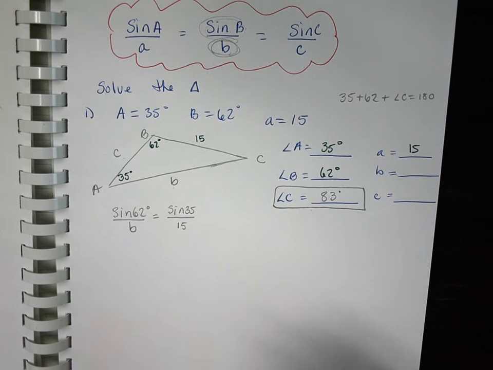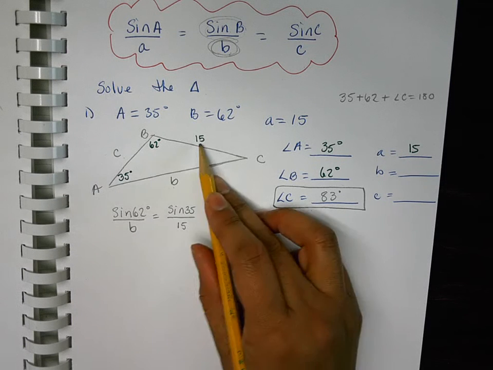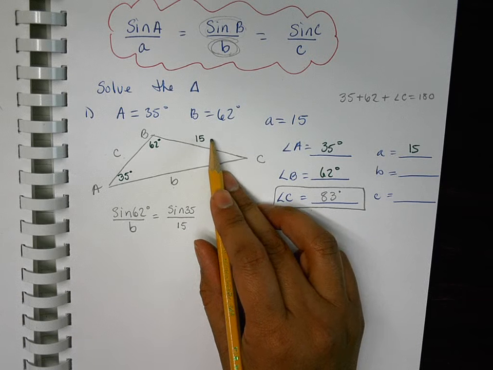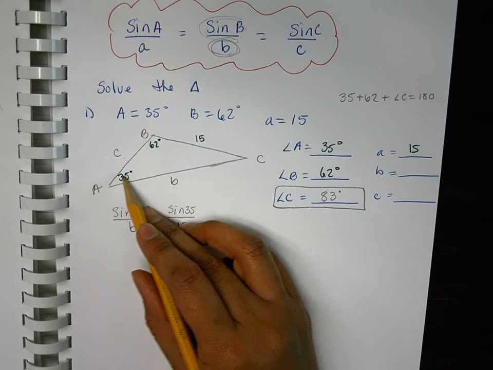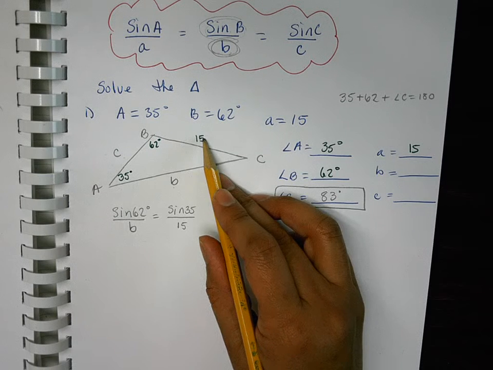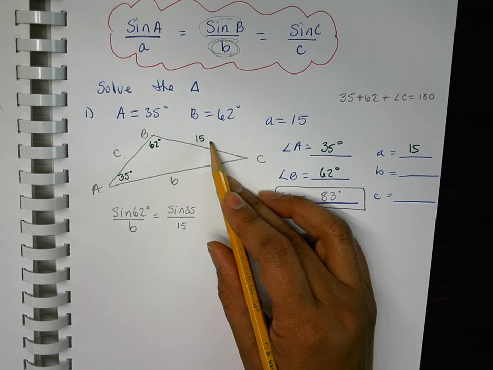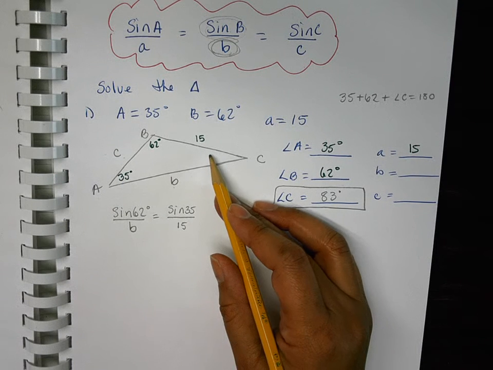Why am I forced to use that one? Because it's the only one that has no unknowns. Do you see that? All right, so one of these will always be an angle and a side that you know. I know angle A, I know side A. That will always happen when you're using law of sines. You know an angle and its corresponding side for at least one of them in your triangle.